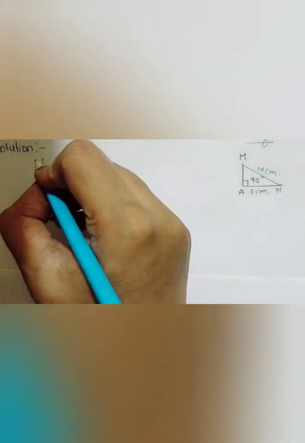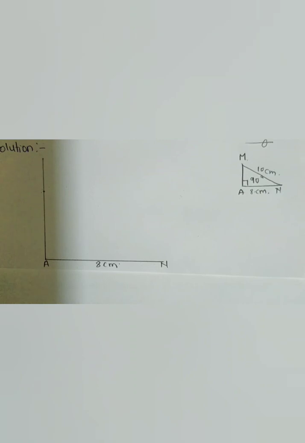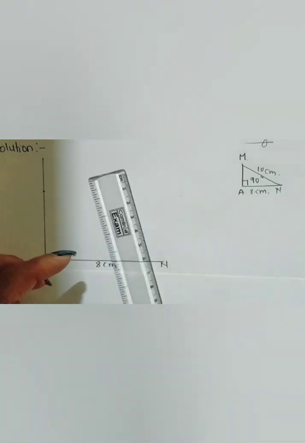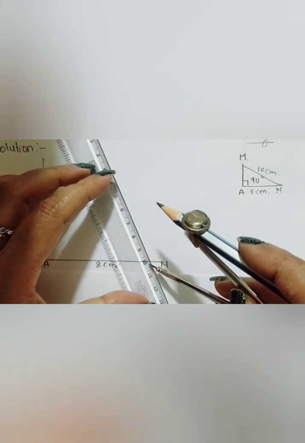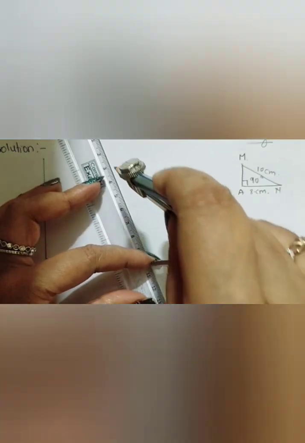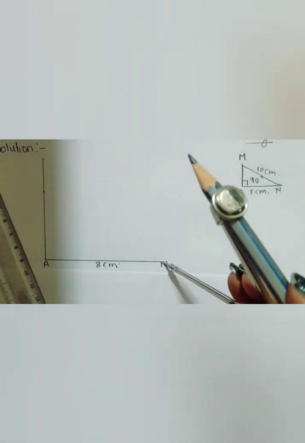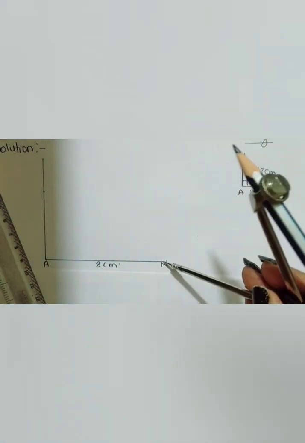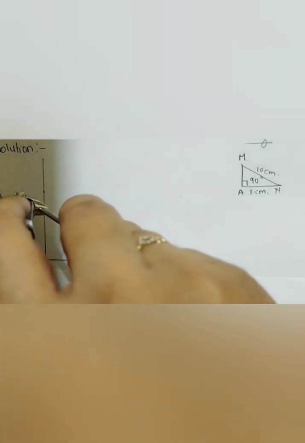Now what is given? Length MN is given as 10 centimeter. So we have to take 10 centimeter with the help of arc. So we are going to keep this compass on point N. Going to make an arc of 10 centimeter.